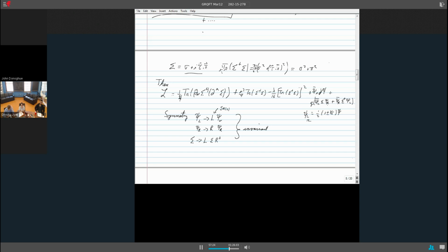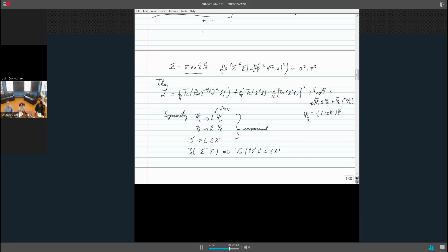One purpose of going through this little step is that it's an intermediate step to later on, but it also shows you the symmetry of this. If we take psi left goes to some left rotation, L psi left, so this is some SU(2) matrix.